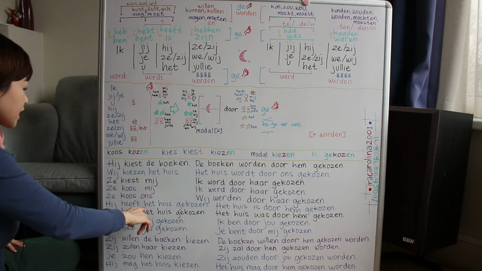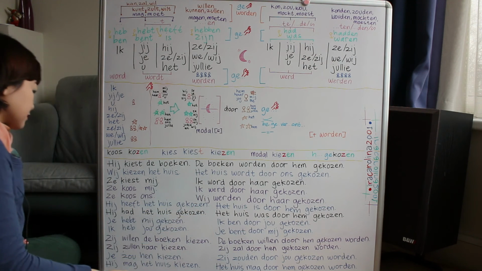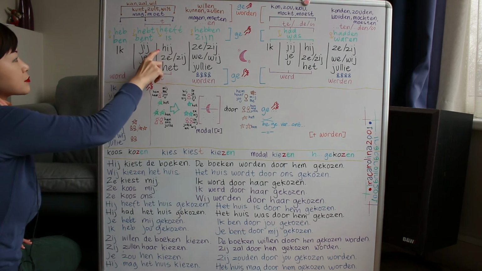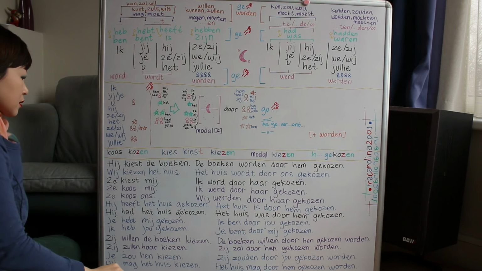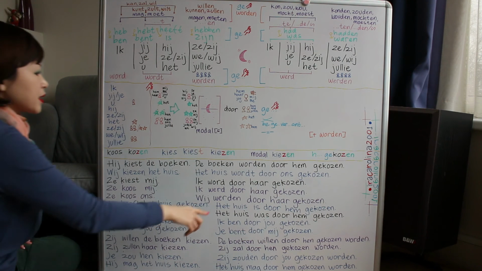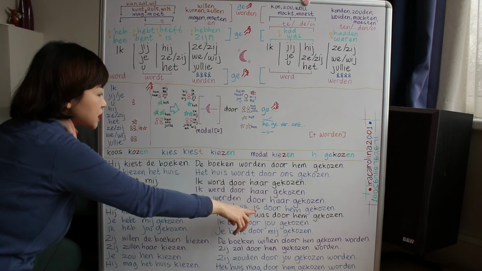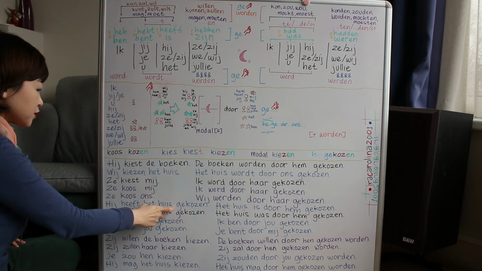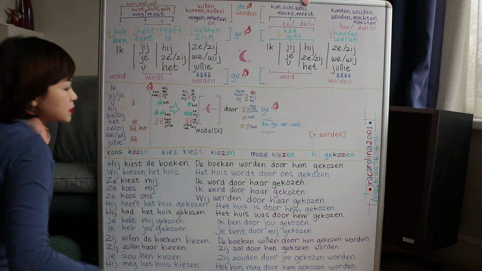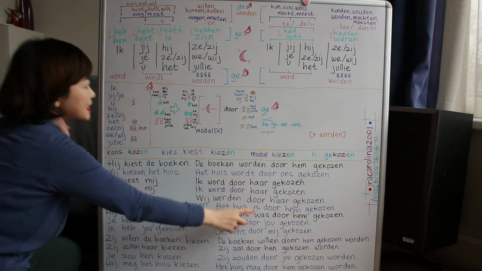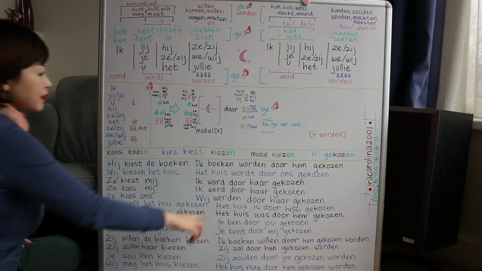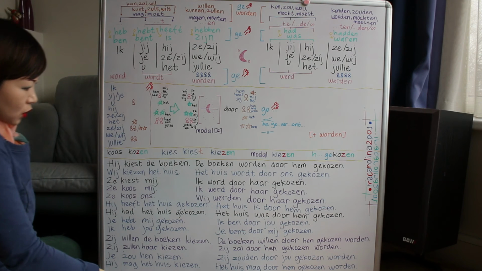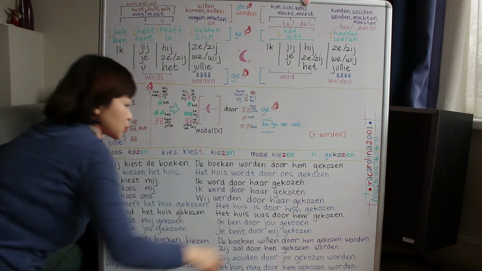Hij heeft het huis gekozen. It becomes het huis is, because it was het huis, the object, and it becomes subject here. Is, because het huis is het, is. Door hem gekozen.